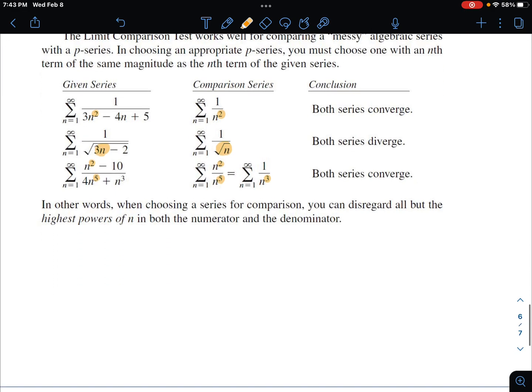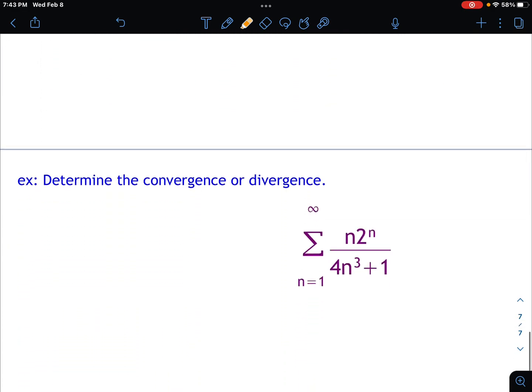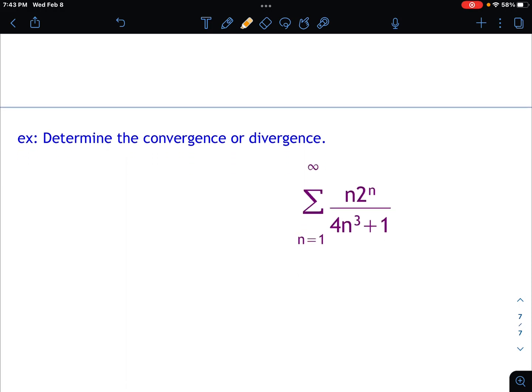Okay. Now we're on to the kind of last little bit. This is the same sort of problem we're going to want to work through. I'm going to give you another example after this that you guys are going to work on that's not on your set of notes. But we're going to do the same thing. Okay? What we've learned is we're able to compare this to something that's very close to it.